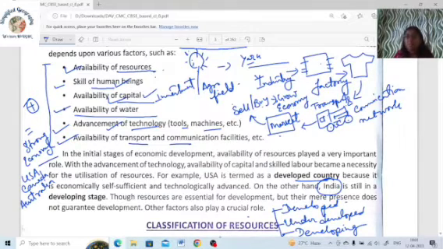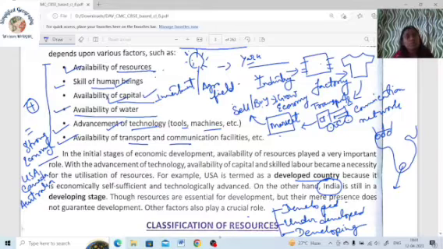And for underdeveloped nations, I can give you one example of South Africa. In the African nations, South Africa is the only developed nation, whereas you will get to see that in northern Africa, several countries are there like Nigeria, Uganda, Rwanda.